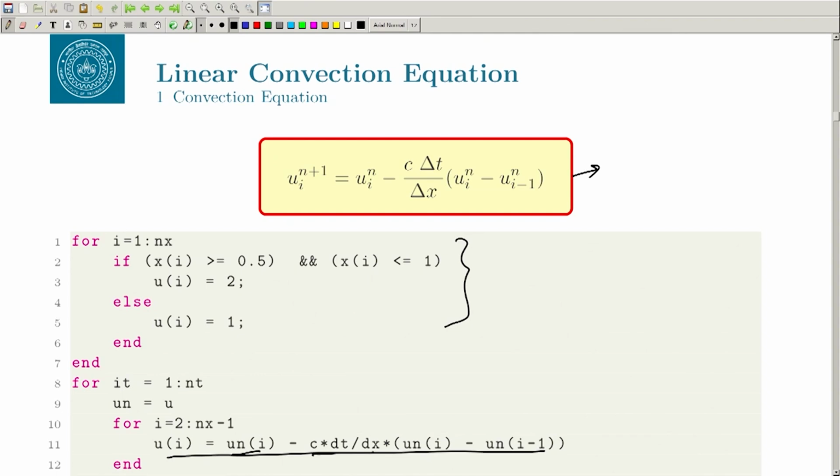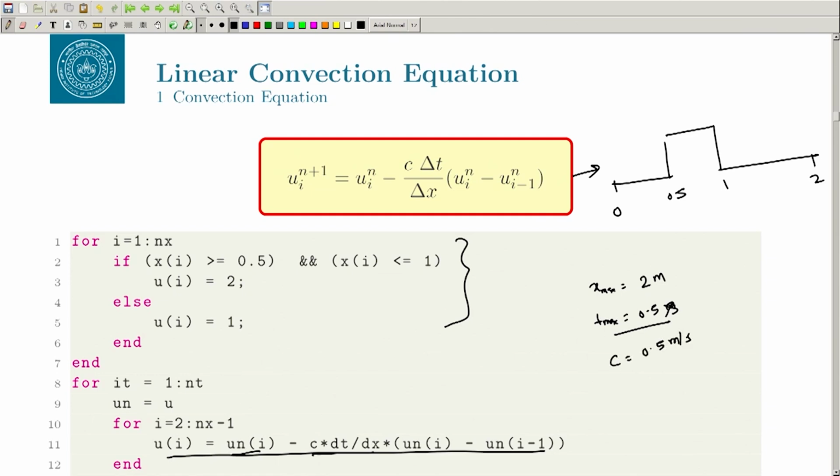Let us say you take the x max as 2. So, your problem is like this, 0, 0.5, 1 and 2. So, your x max is 2 and your t max, let us say you want to go up to 0.5 second. So, this is 2 meter, 0.5 second, and you can fix the convection speed as 0.5 meter per second.